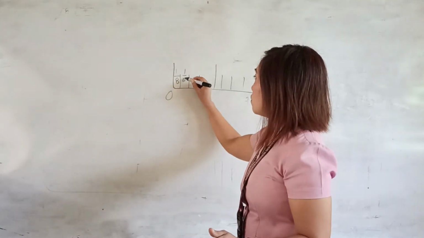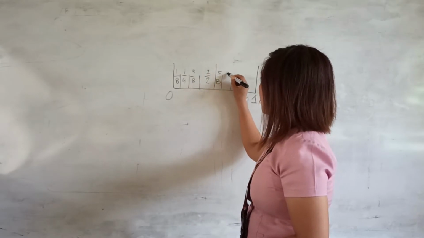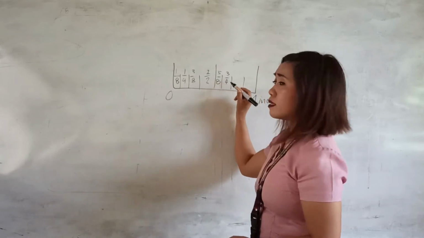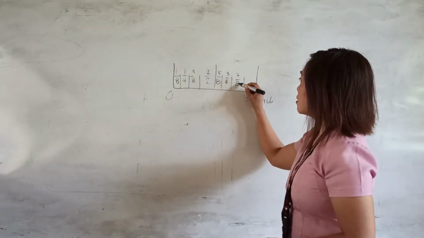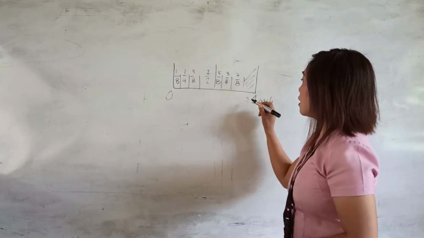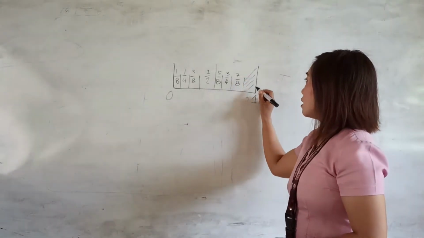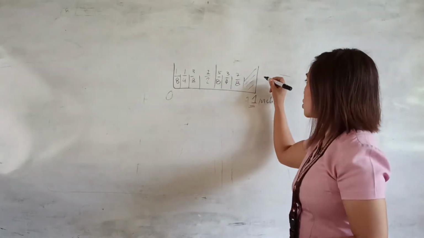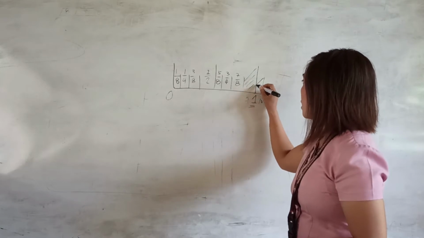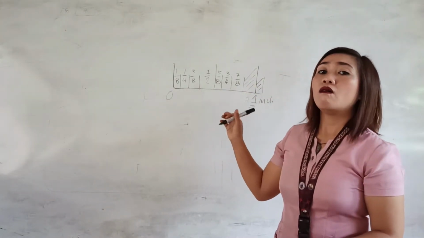Then we have our 1/4, 3/8, 5/8, 3/4, and 7/8. Then, reaching the 8th space, which is 8/8 or 1 inch. If there is an additional space, it will be read as 1 and 1/8.